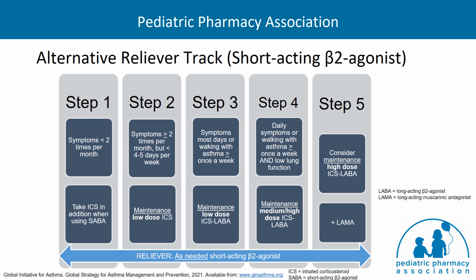In this track, since the patient is not utilizing single maintenance and reliever therapy, the long-acting beta agonist does not necessarily need to be formoterol, which is why the figure does not specify a specific long-acting beta agonist. Patients may be on an inhaled corticosteroid with salmeterol in this alternative reliever track.